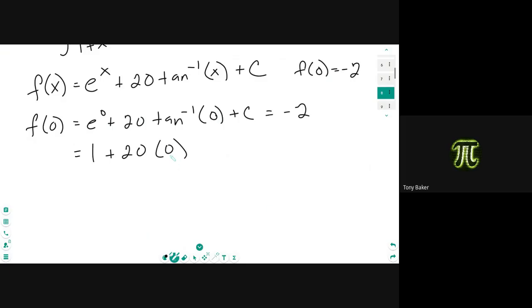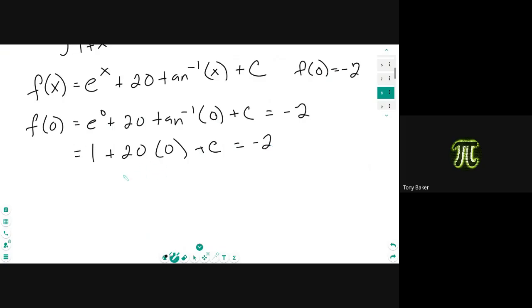Because the range of arctangent is between -pi/2 and pi/2, the only value that shows up in there is 0. Otherwise, you have an infinite number of them. So we restrict it to that.